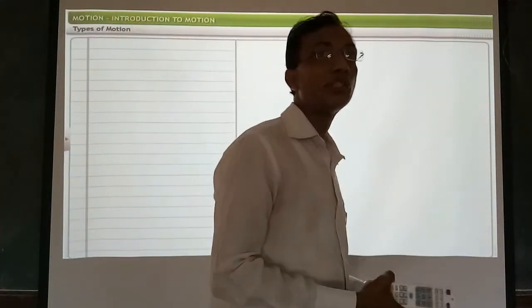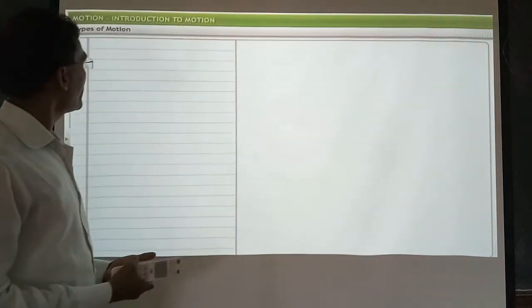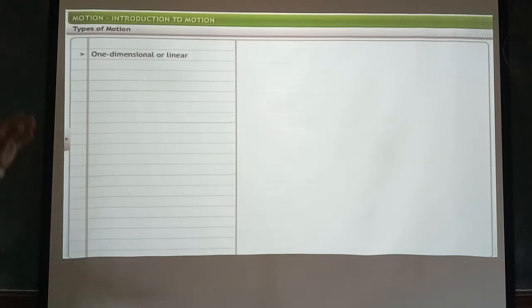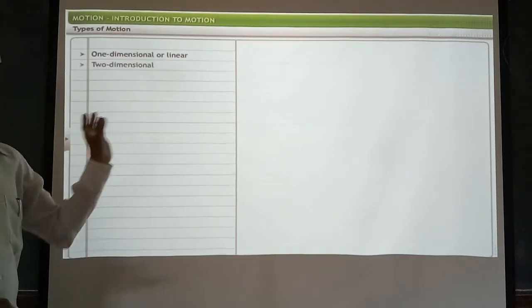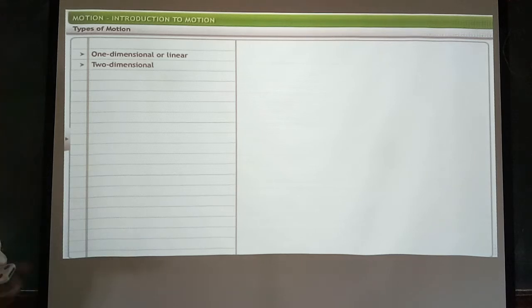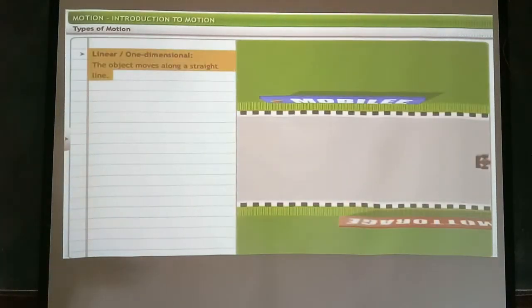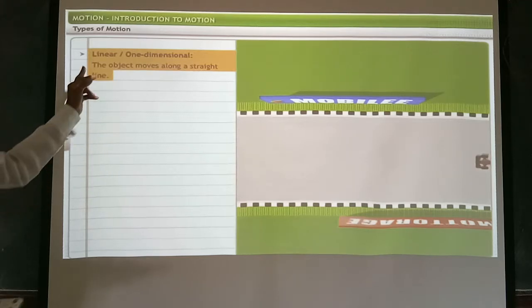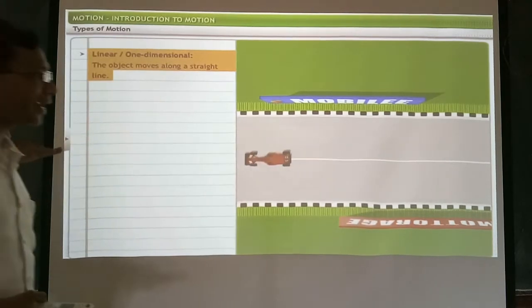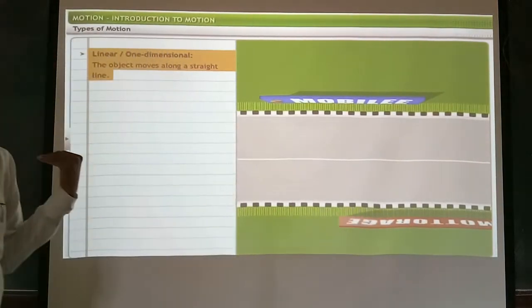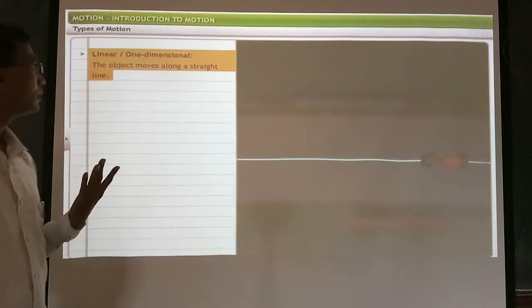Now there are types of motion. One is one-dimensional, that is linear motion. One-dimensional means the object moves along a straight path. A car moves in a straight path, so it is linear motion.